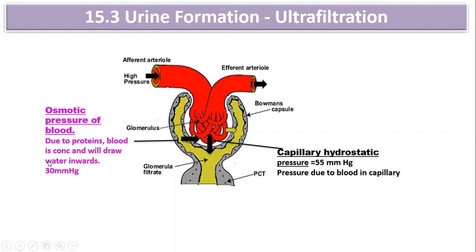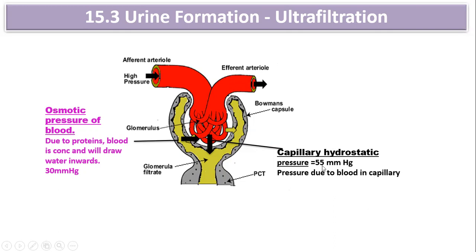Blood is concentrated and will withdraw water inward. Because of the filtration, whatever blood is inside becomes concentrated and tries to withdraw the water inward. So it exerts some pressure, called osmotic pressure, which is around 30 mm of mercury column.